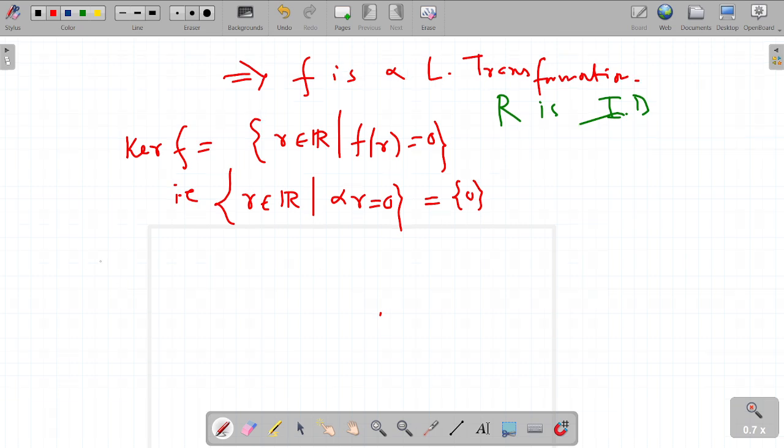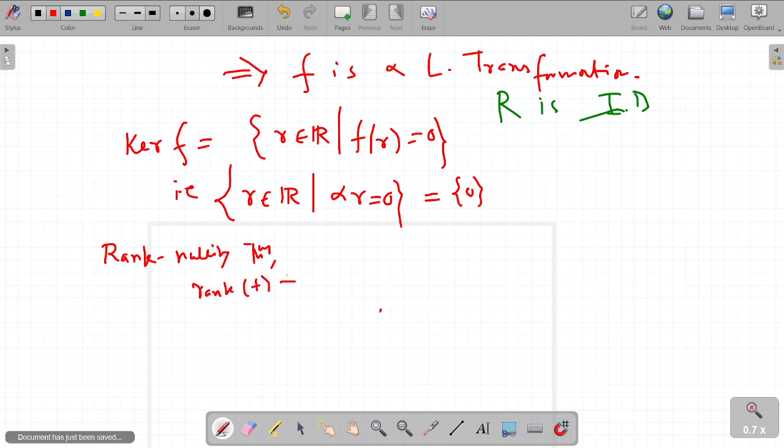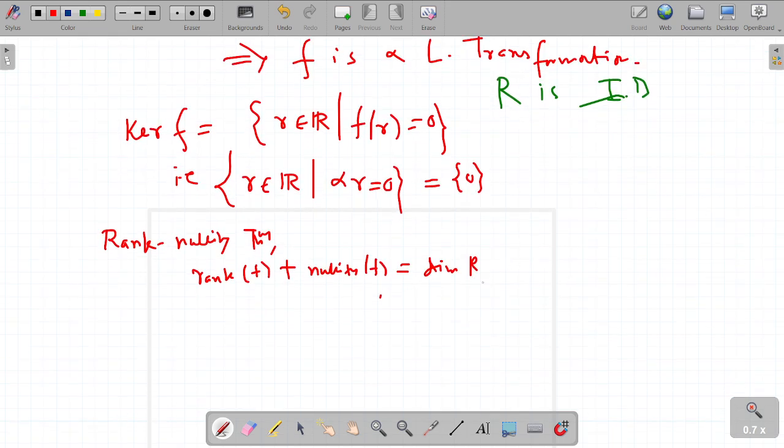Now I'll try to apply the rank nullity theorem. This is another thing which I'll ask you to recall. It says rank of f plus nullity of f equals dimension of R. It is given that R is a finite dimensional vector space, so dimension of R is some natural number.